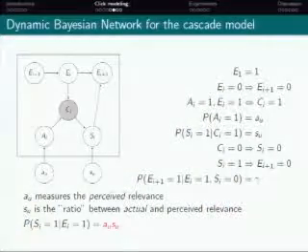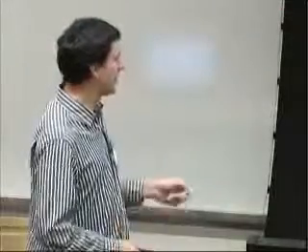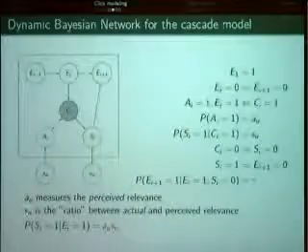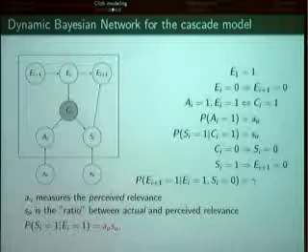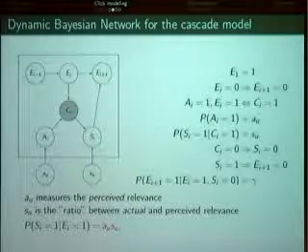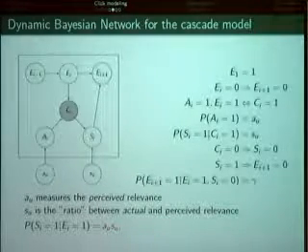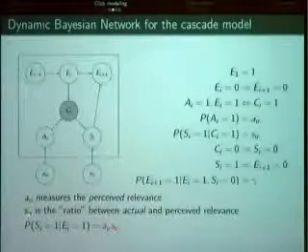Finally, there are two latent variables of interest. AU measures the perceived relevance, which is the probability that the user is going to click, given that he examined this URL. The other latent variable of interest is SU, which you can think of as a ratio between perceived relevance and actual relevance, because it depends on what the user did after clicking on the page.